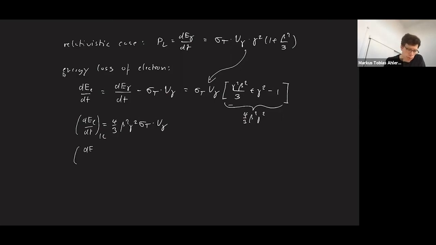In the case of the energy loss from synchrotron emission, we had the same expression that we derived in detail. But there, instead of the energy density of the radiation, we had the energy density of the background magnetic field. So you see that the ratio of these two quantities is going to be U gamma divided by U_B.